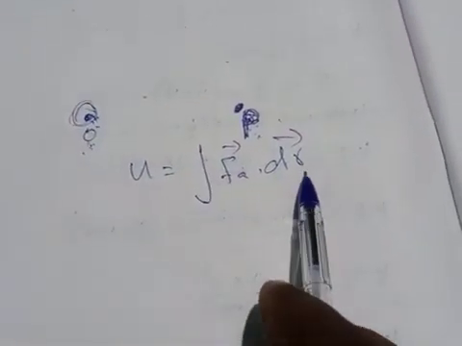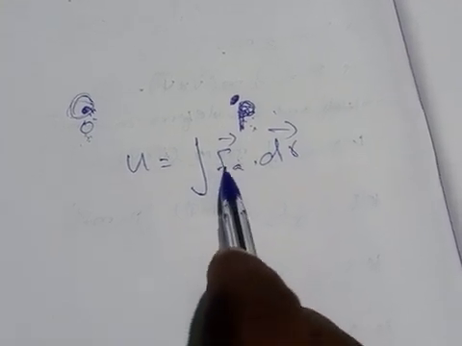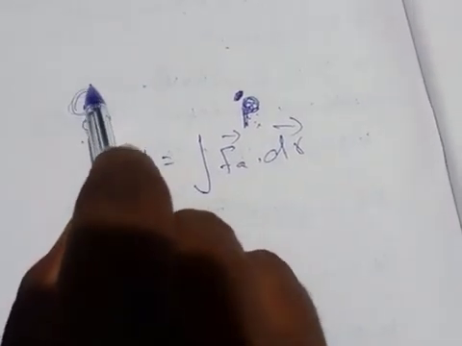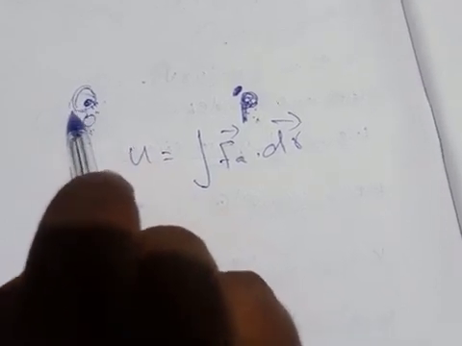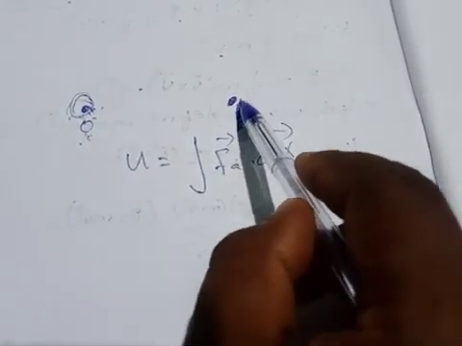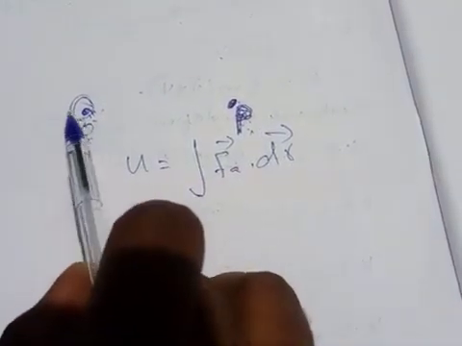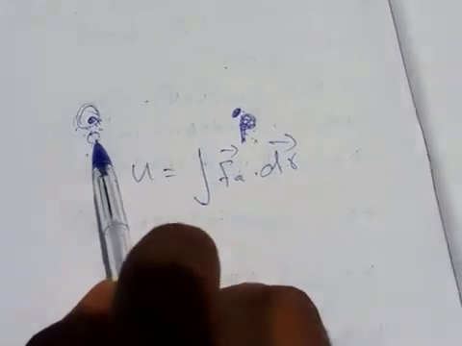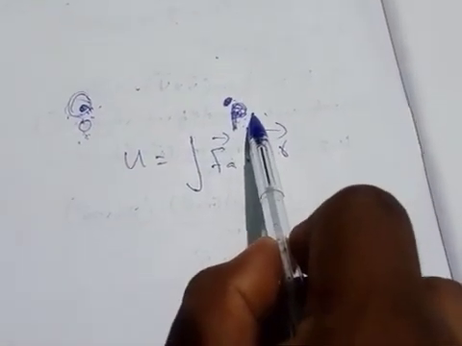What is this dr? This Fa is an external force which is used to move this object from the initial position O to the final position P. And what is this dr? It is a displacement. You can see that it is displaced from this position to this position.